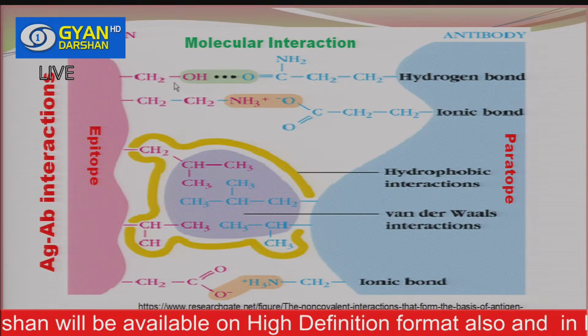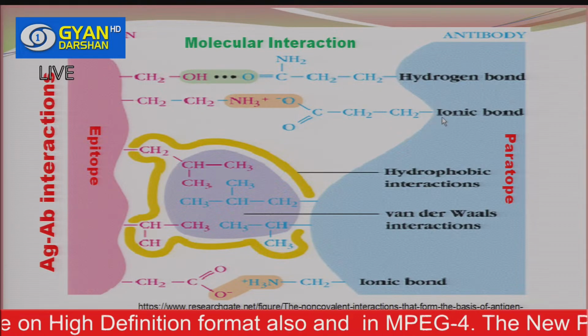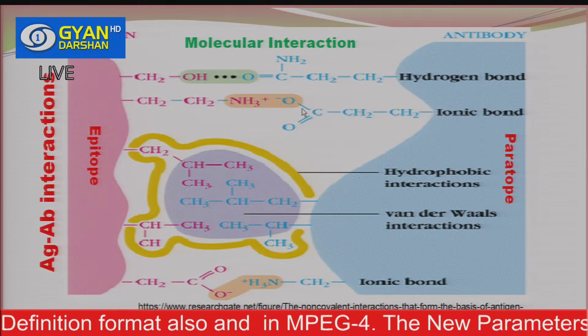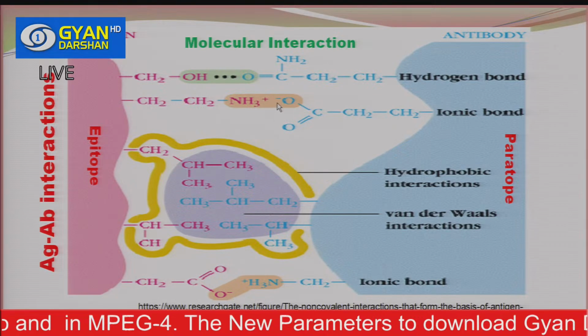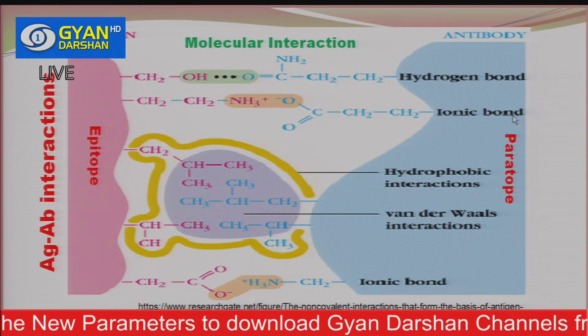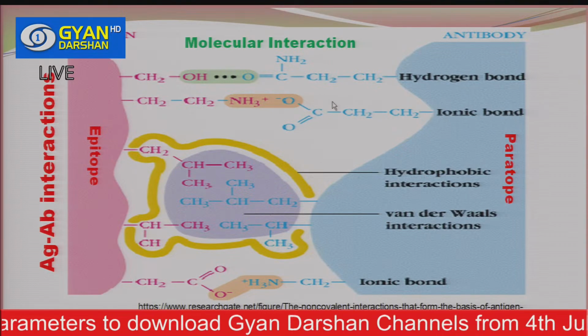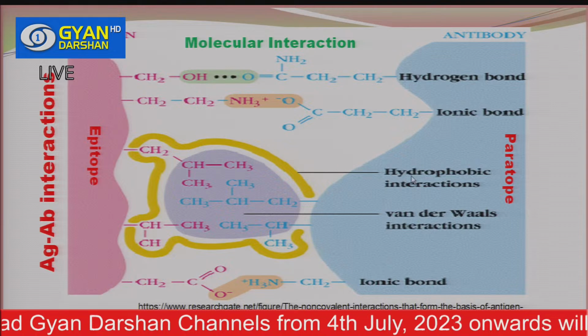You can see the bond between H and OH. It is the hydrogen bond. Another is the ionic bond in the antigen and antibody interaction, like NH3 and O bonds. So these are the ionic bonds. Ultimately they bind together and neutralize the antigens.